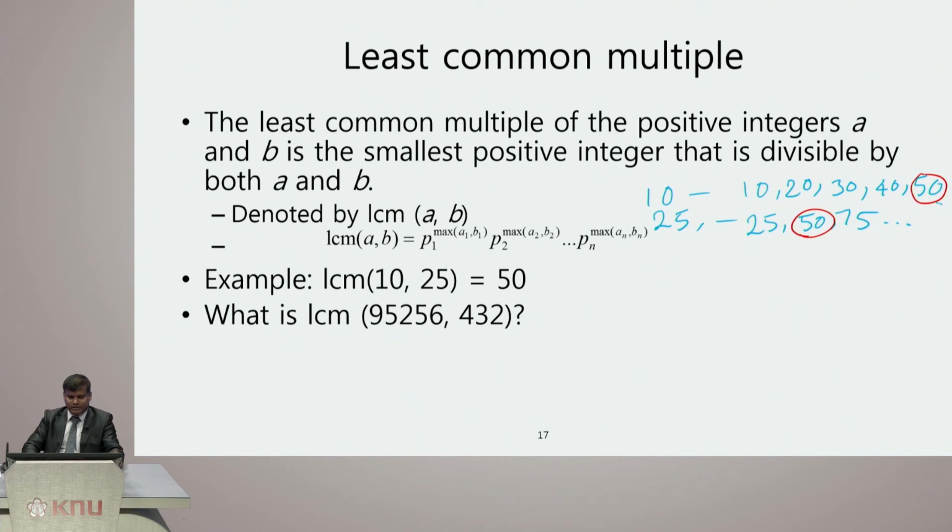Again, you can consider the LCM of larger numbers here, 95,256 and 432. So we can use that principle to apply here, and we can in fact find it as 2 power 3 times 3 power 5 times 7 power 2 for 95,256, and for 432 you can write it as 2 power 4 times 3 power 3.